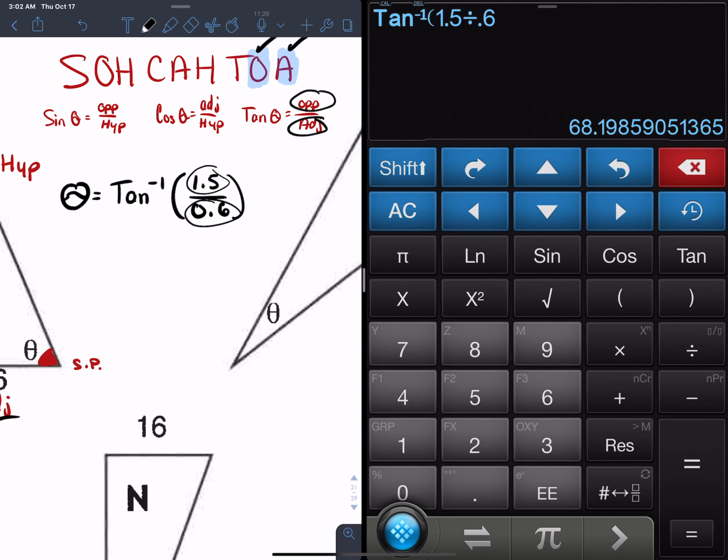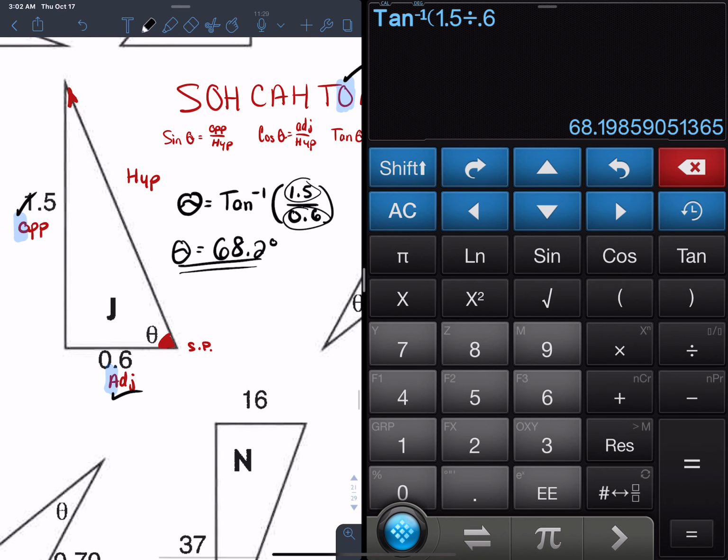And you're going to end up with a 68.2 degree angle for theta. So my resultant vector would be acting at a 68.2 degree angle from, let's say this one, just to make it a little different, from the horizontal. So it'd be 68.2 degrees off of the horizontal.